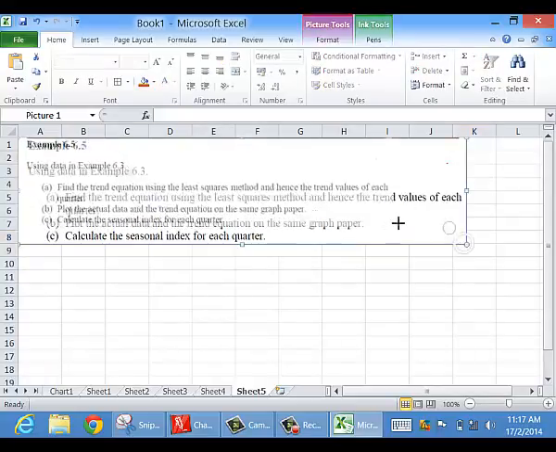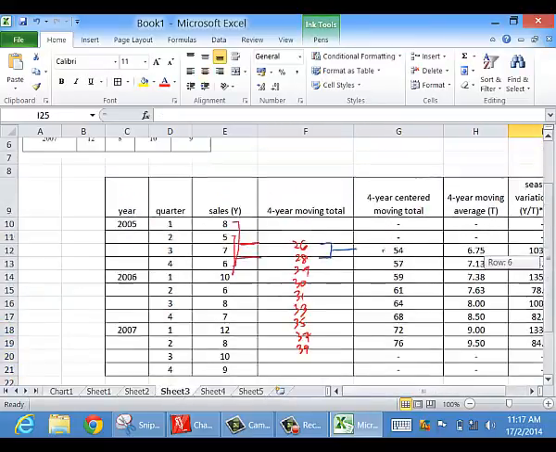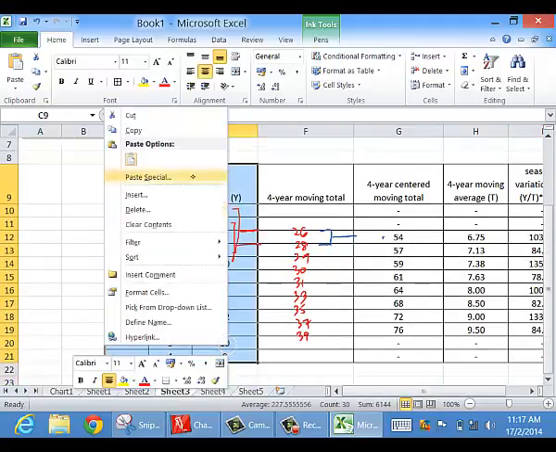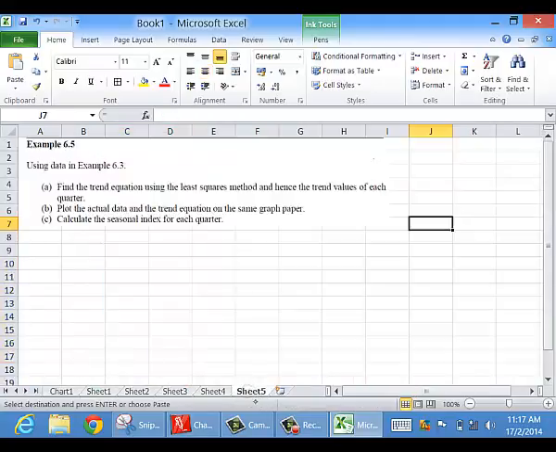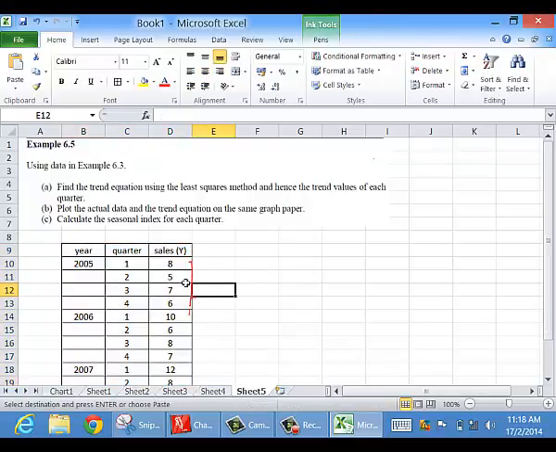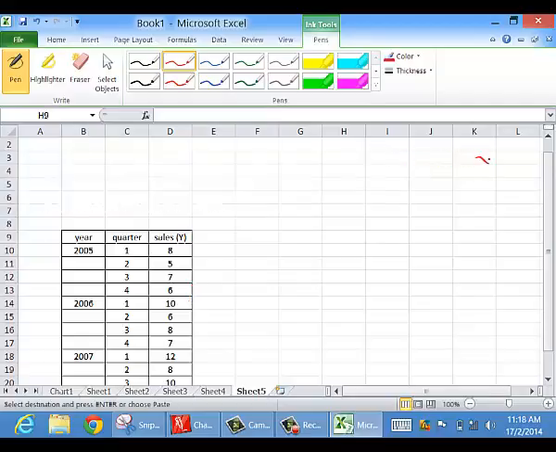So you menggunakan data yang sama 6.3. So data 6.3 this data lah, right? So apa yang dia nak? Calculate trend value using least square method. So I paste this one. So using least square method, YT equal to A plus BX, right?